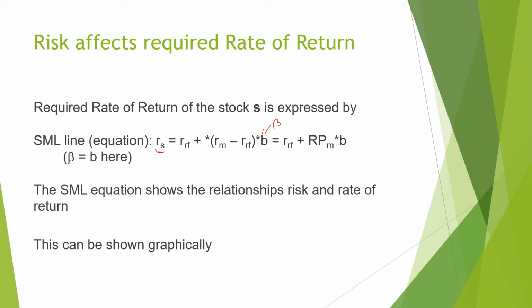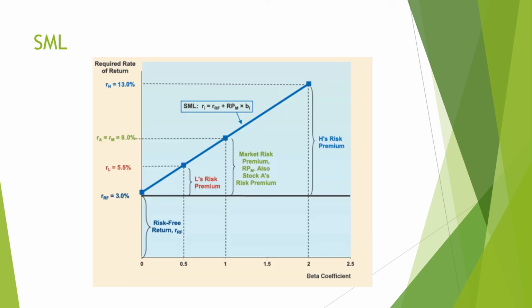This is beta for that stock S. And this is actually RS, the required rate of return. This is called the SML equation, security market line, right?